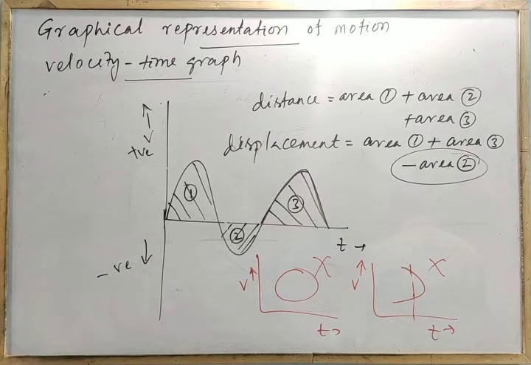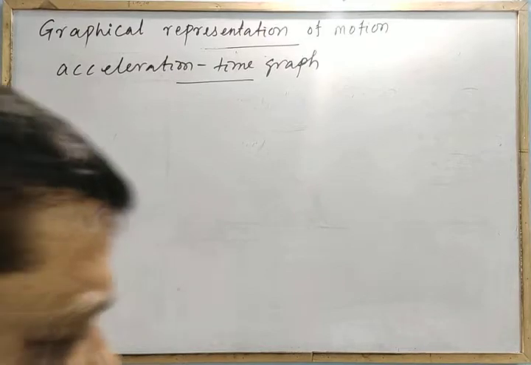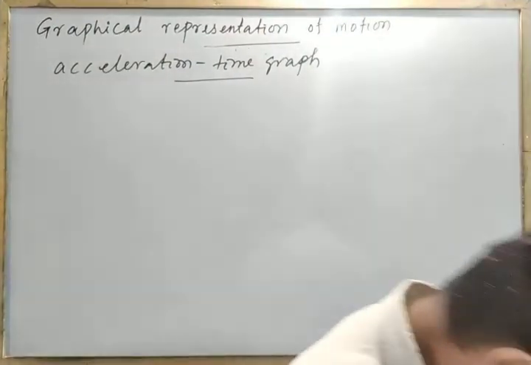Okay, so these are the different ways of representing the velocity time graph. Understand this thing. Then we will go for the acceleration time graph. Now the acceleration time graph for a particle moving with constant acceleration.